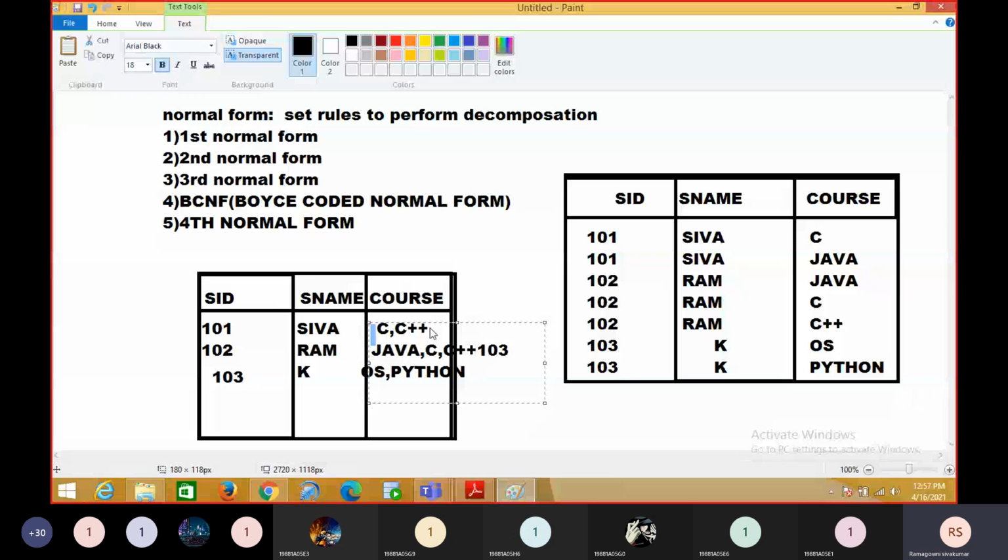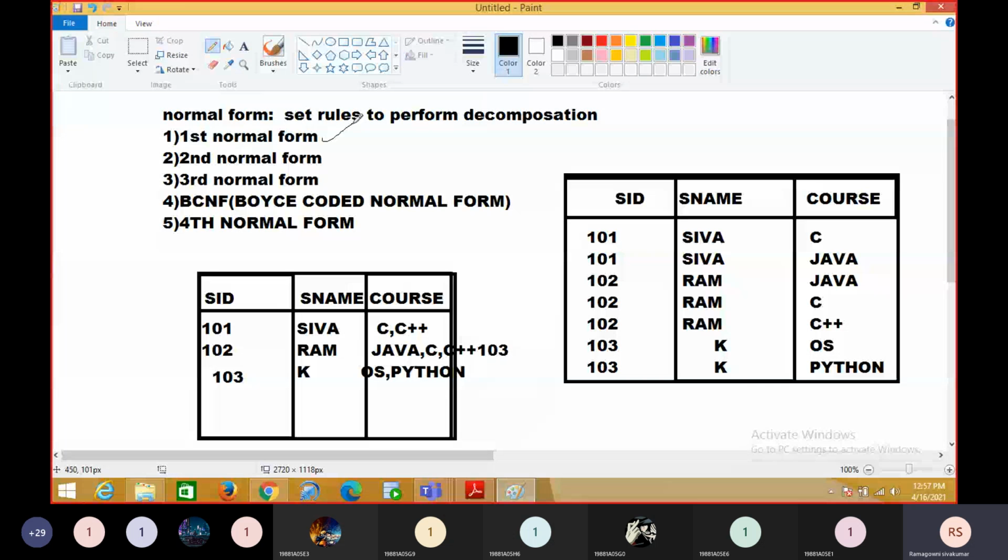So data inconsistency. To avoid that, we need to decompose in this way. That is the rule of first normal form. I think you are clear about this, right? Yes, sir. Okay, this is about first normal form.